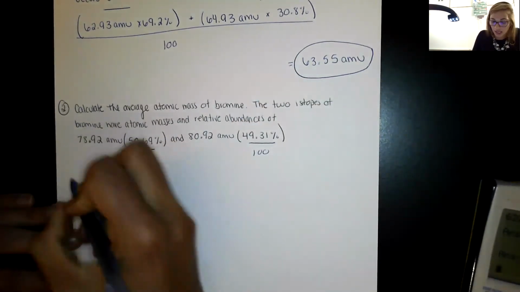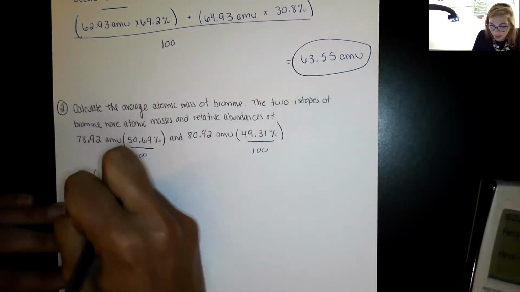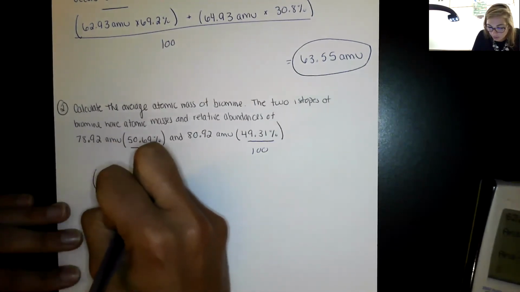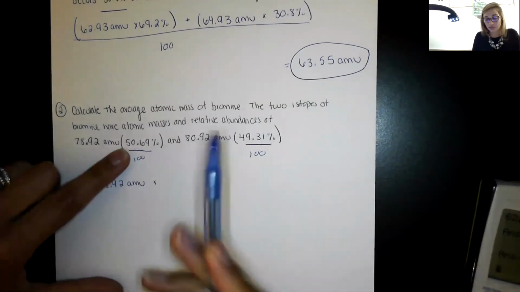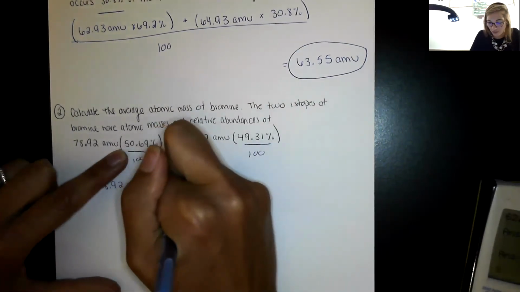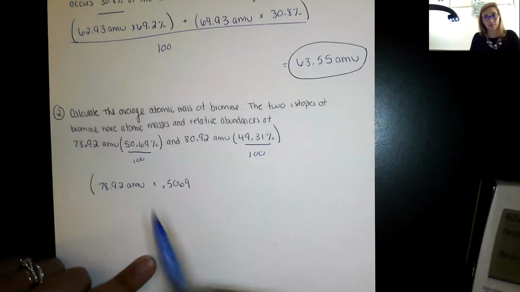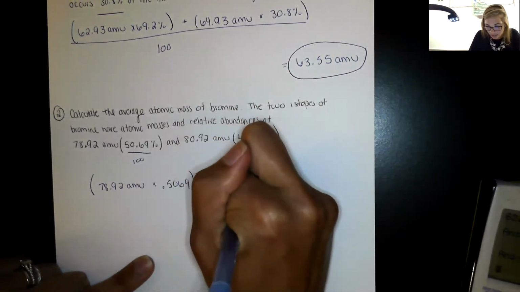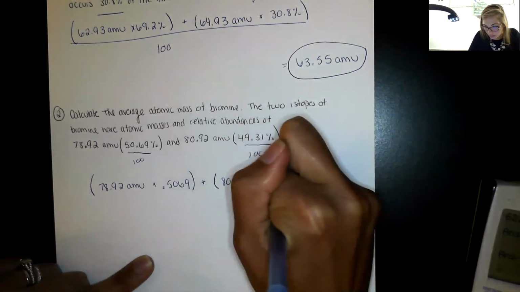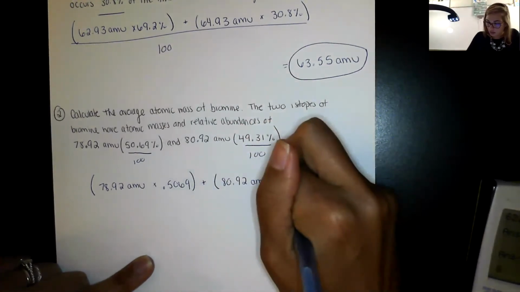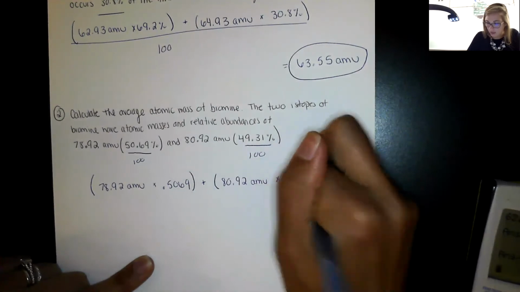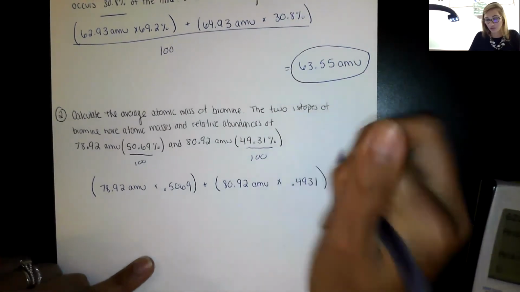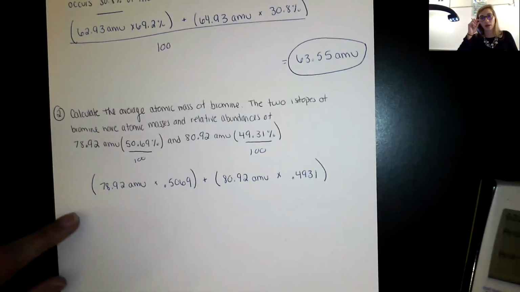So I have 78.92 AMU times 0.5069, because I'm dividing it by 100, plus 80.92 AMU times 0.4931, again because I divided it by 100. So now I don't need to divide by 100 at the end.